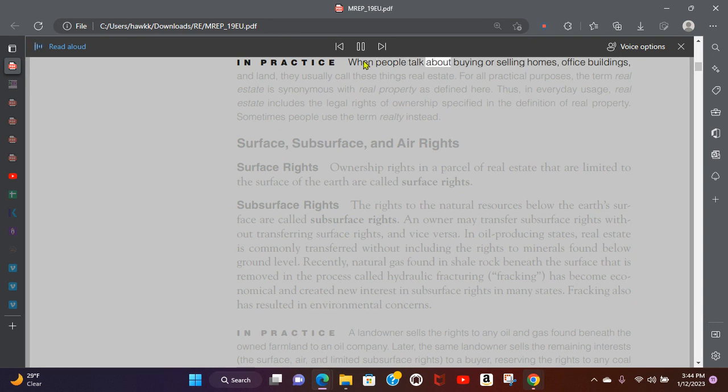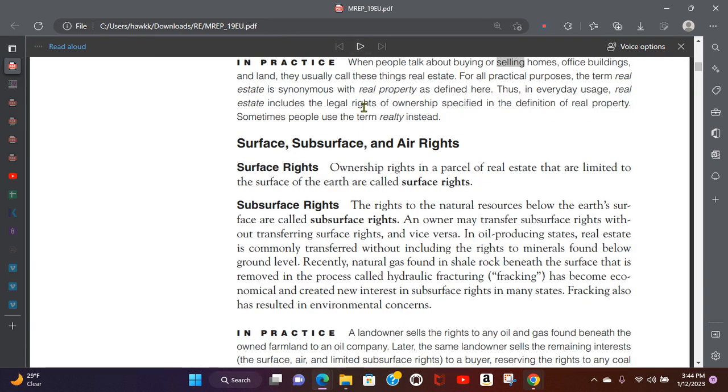In practice, when people talk about buying or selling, so when they say sold, check this out. When they say sold, that usually entails them giving you some dollars for what you got, or it entails that debt note, which you call the dollar.